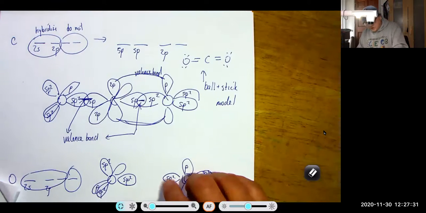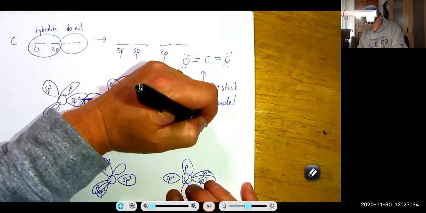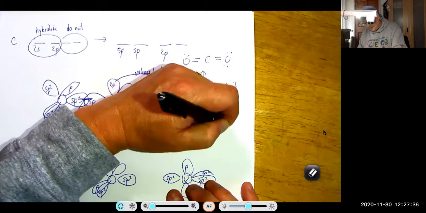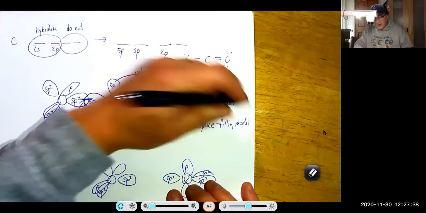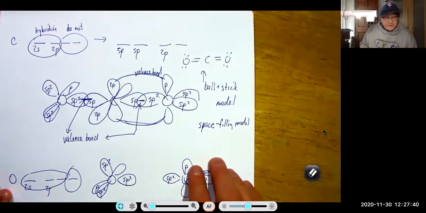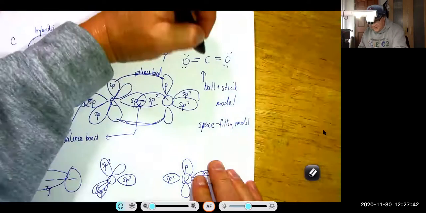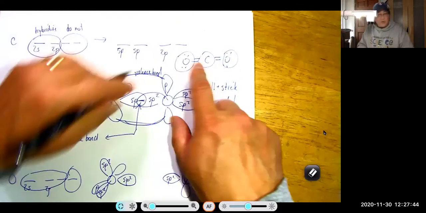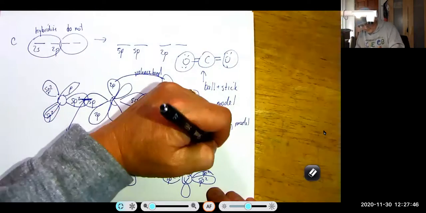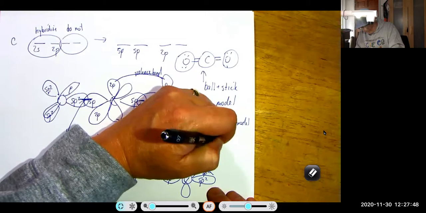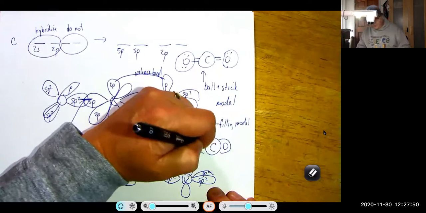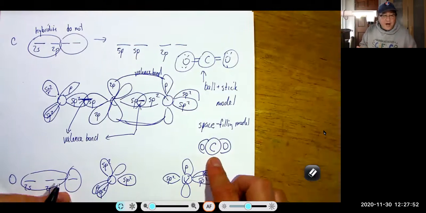But there's also something called the space filling model. And if you drew this using the space filling model, instead of having balls and sticks, you would have this, where you don't show the bonds.